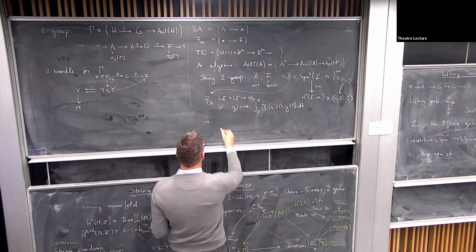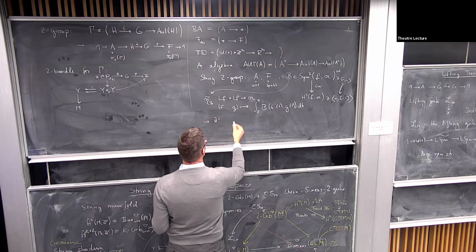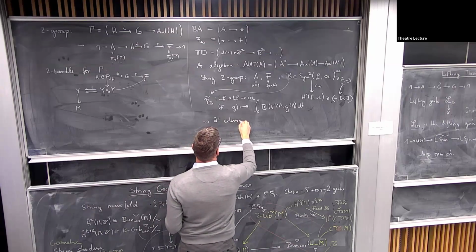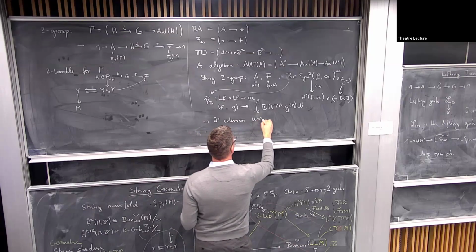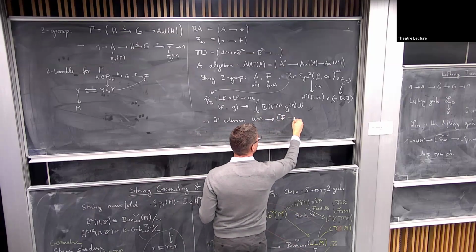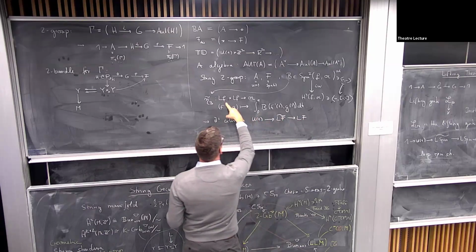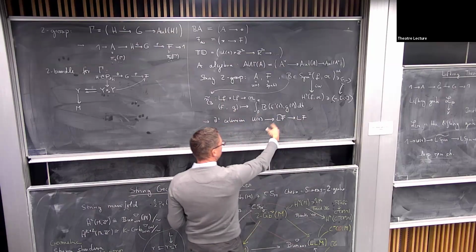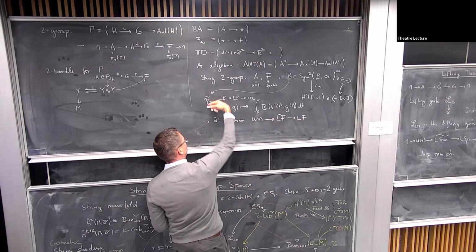So there exists a unique central extension, U(1) goes to LF tilde. So LF tilde is the central extension of the Lie group of that Lie algebra, LF, such that the Lie algebra extension is classified by that cocycle.